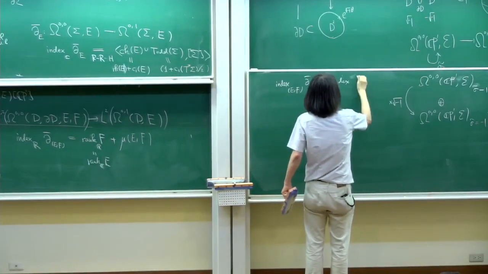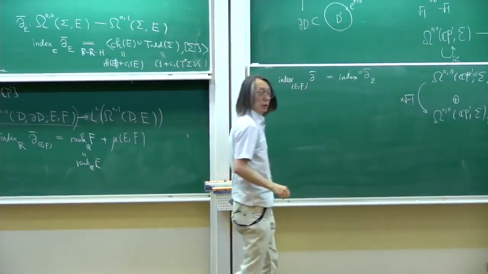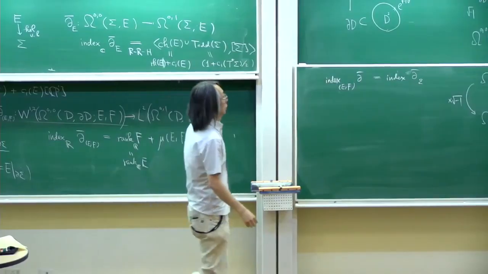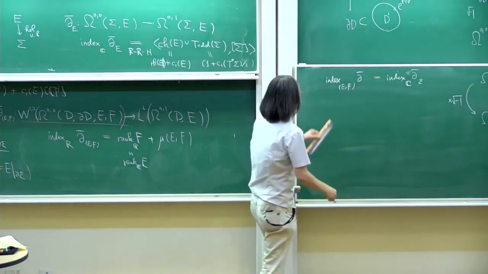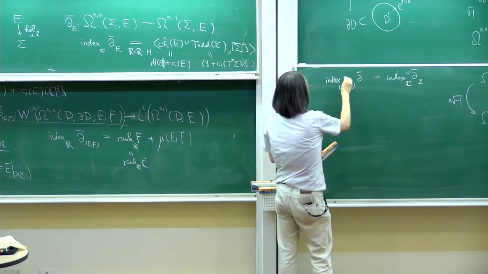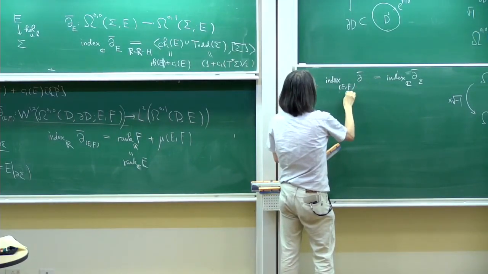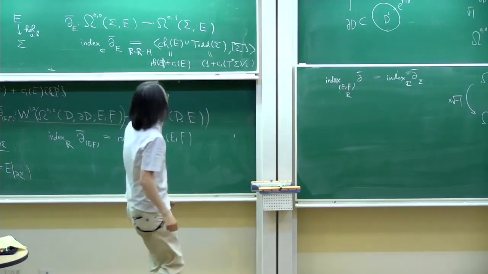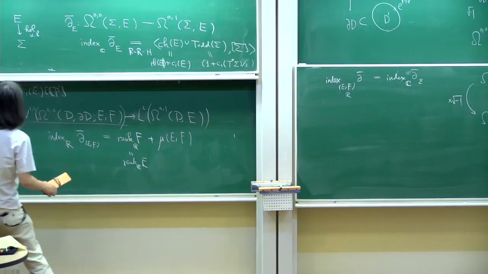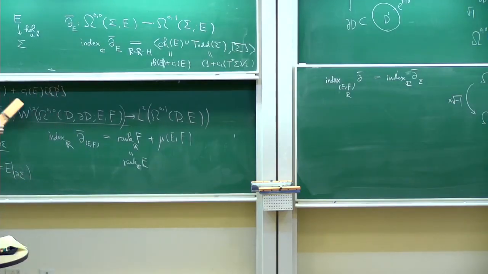of this operator D bar on E, they are the same, but here this is a complex index, and this is a real index. This is a real index, because here we only have the real index. And so certainly, as I said, this one is equal to this one.